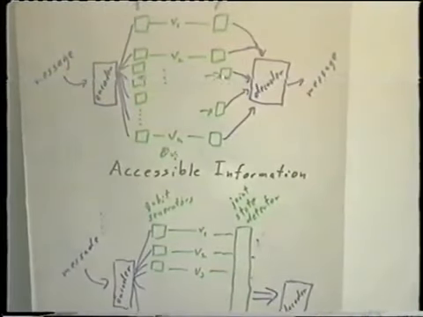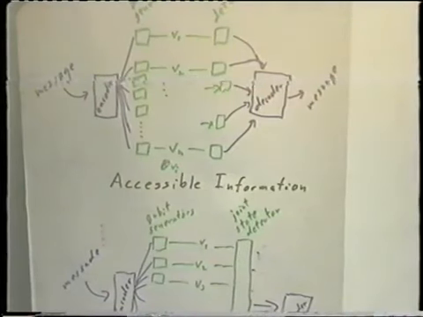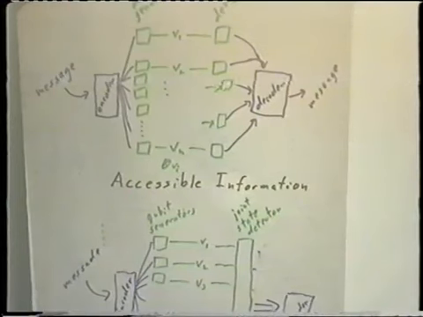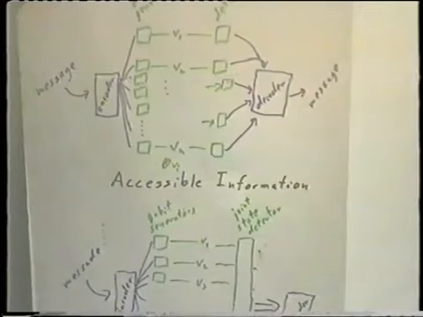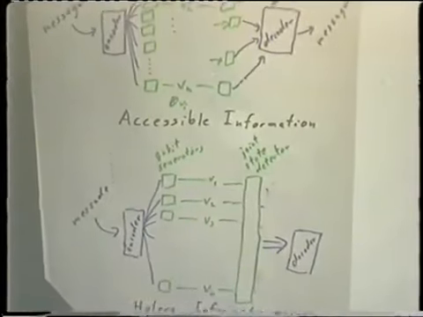So if you're restricted to this, then the channel capacity is the accessible information, which I probably should say is a fairly hard thing to compute, and there are bounds known, lower and upper bounds, but there aren't any exact formulas for it.